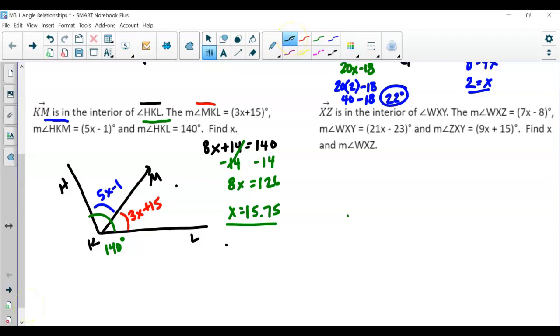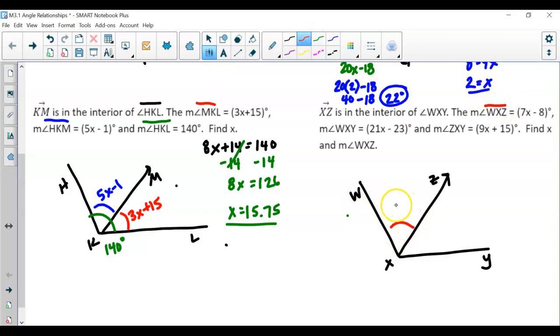And here we go. So we have angle WXY is what you should have created. And XZ is just an interior, not necessarily a bisector. You should have labeled WXZ, which is here, 7x minus 8.